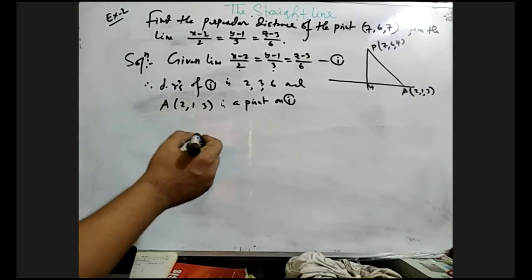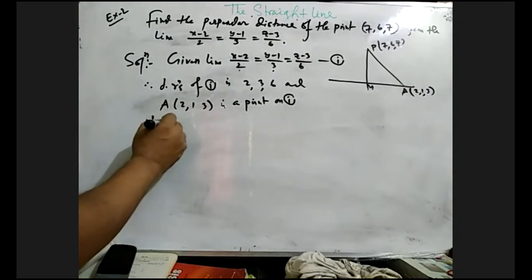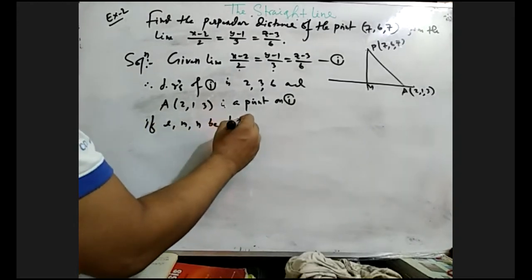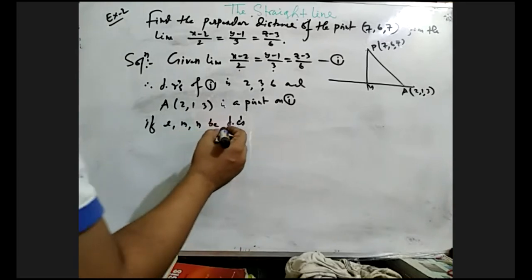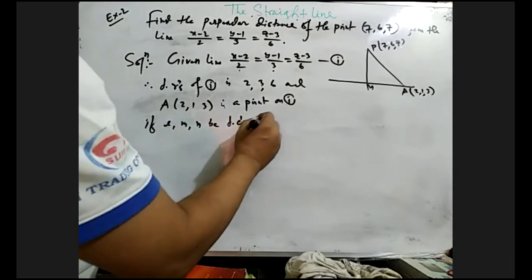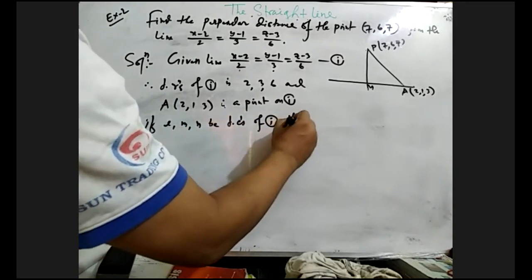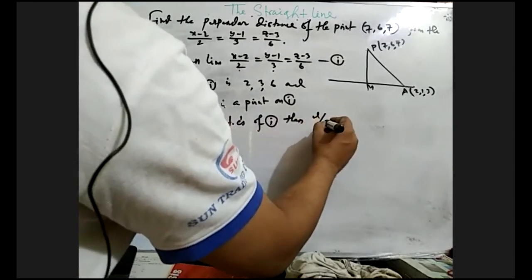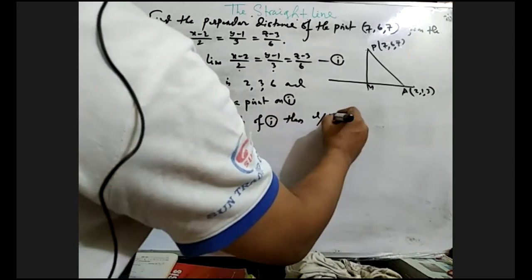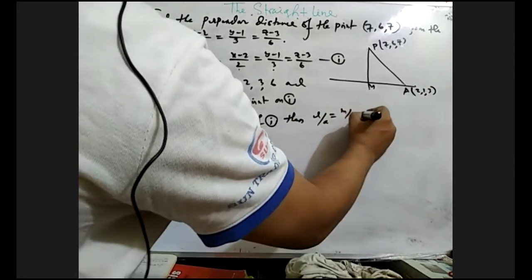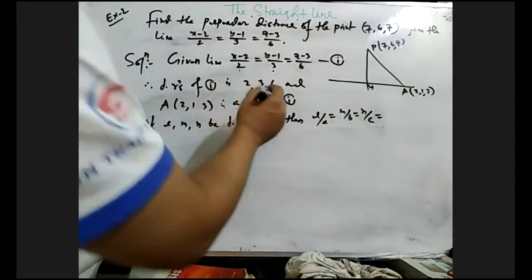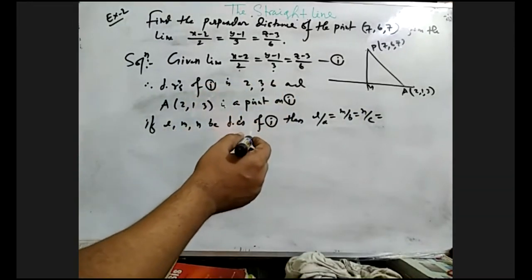Now if l, m, n are the direction cosines of line 1, then l by a, m by b, and n by c. Here a, b, c equal 2, 3, 6. Remember it.